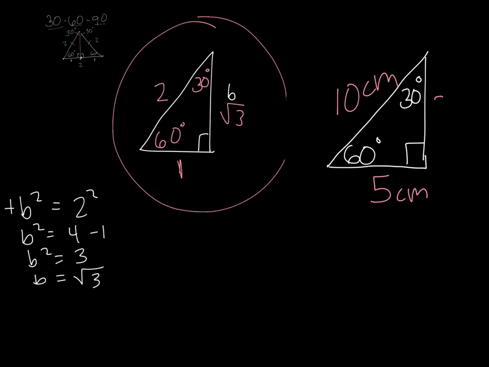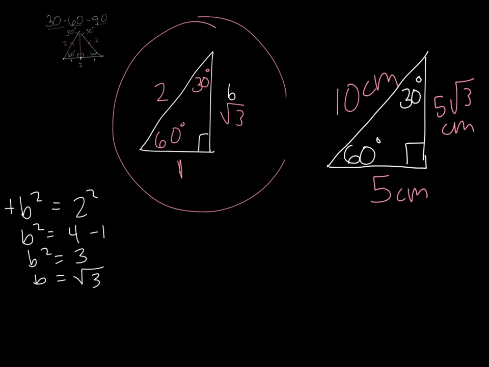And then this must be 5 square roots of 3 centimeters long. Because when this side's 1, this side's the square root of 3. So everything just got multiplied by 5. And so you can use these side ratios to extrapolate or to help you solve for those missing sides.